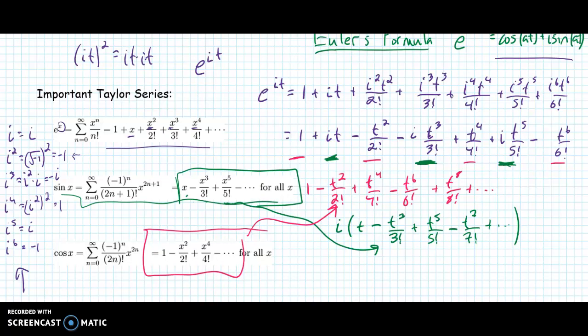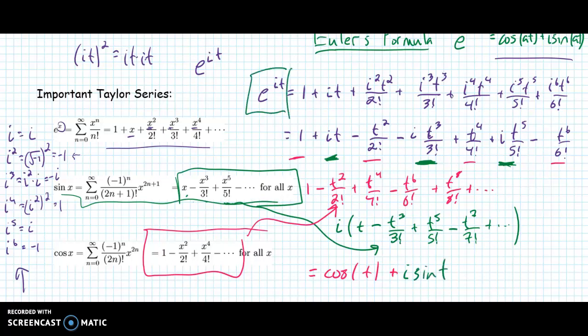I get that this is equal to cosine of t plus i sine of t.